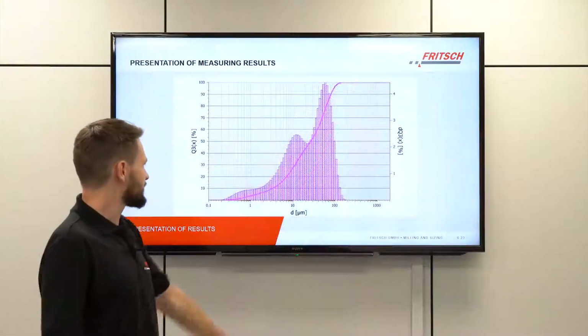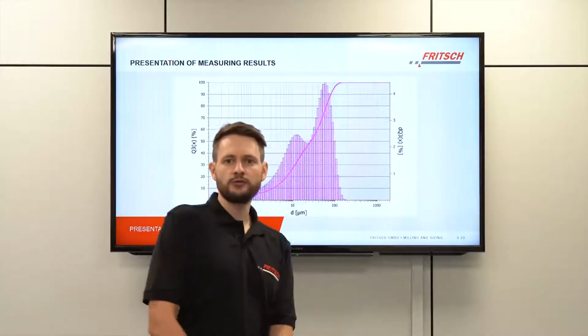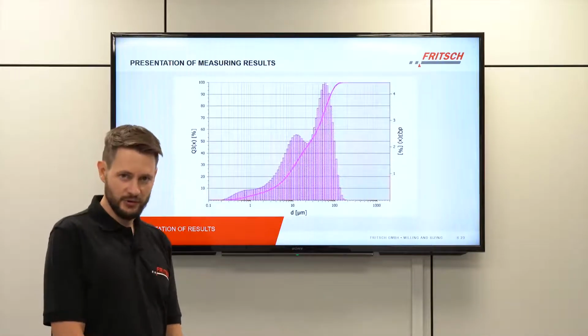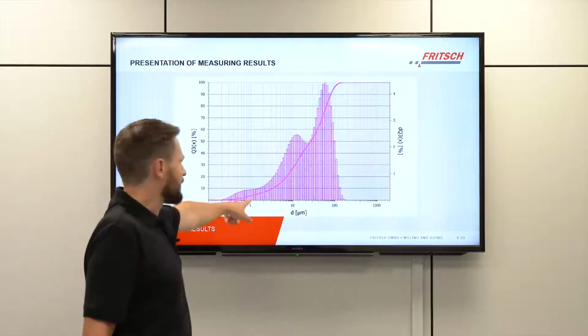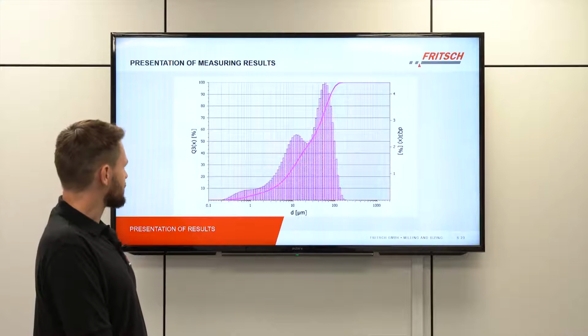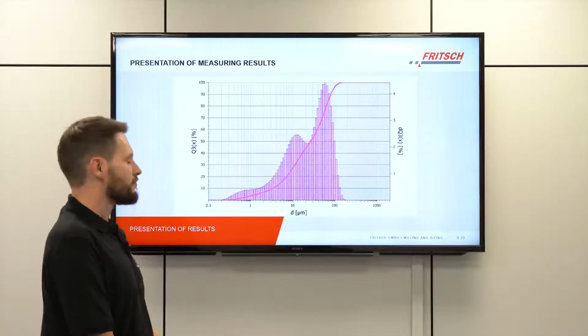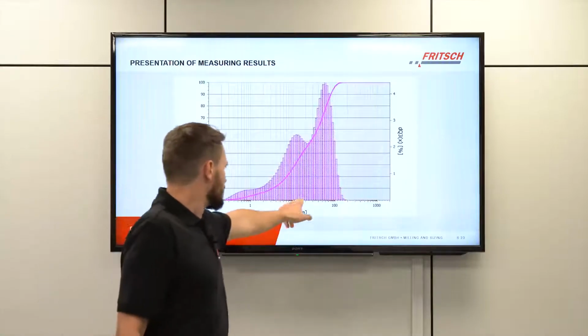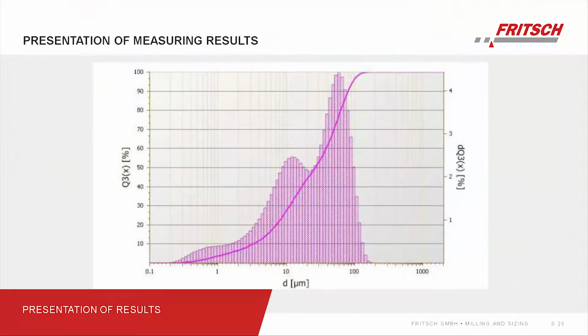On the other side we have the DQ3, or our so-called particle size distribution, which is represented by this bar chart right here, and it basically tells us what amount of sample is within a certain size interval of our distribution.